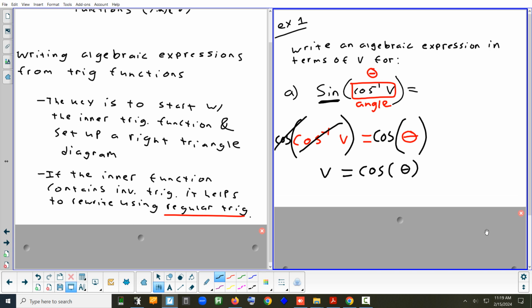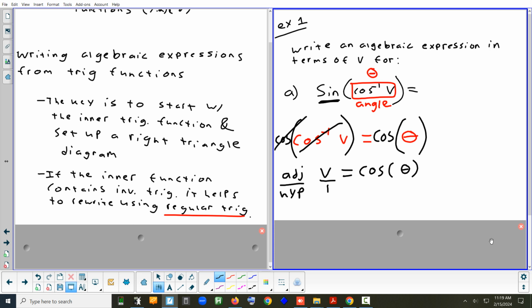Adjacent over hypotenuse. Cosine is equal to, I'm just going to put it off to the side, adjacent over hypotenuse. So cosine is equal to a fraction. Well, then let's make v a fraction. It's not a fraction. But how could we make it a fraction? V over 1. Right. We just put it over 1.